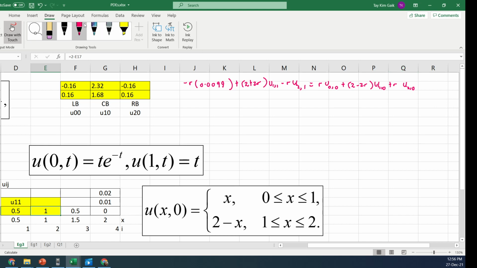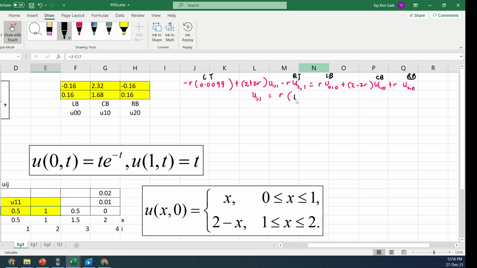Now I'm going to solve for U11. Let us denote this as the left bottom, this as the center bottom, and this as the right bottom. This cell is the left top cell and this is the right top cell.